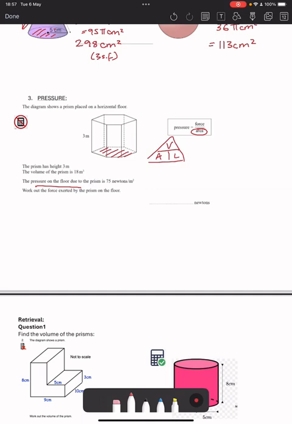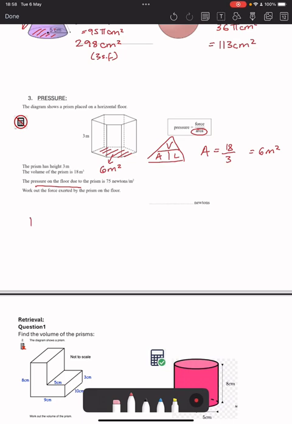So the area is the volume, which was 18, divided by 3, which gives me 6, and that'll be metres squared. So this face has an area of 6 metres squared.